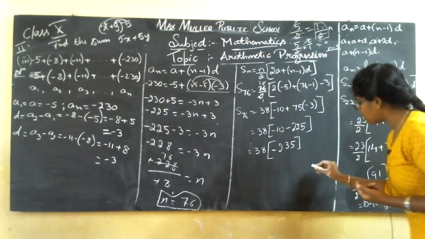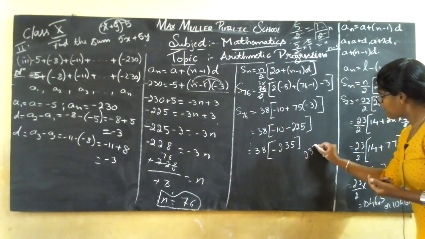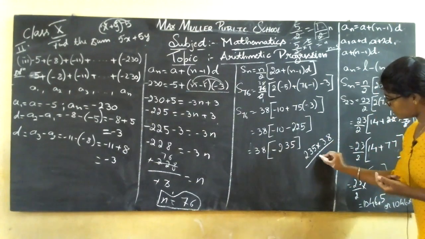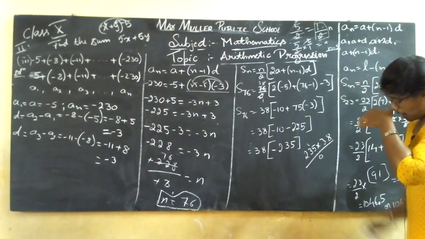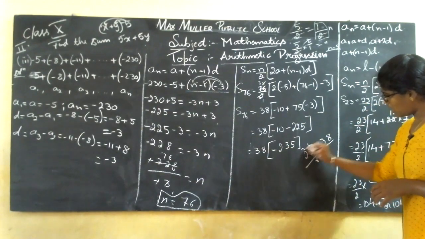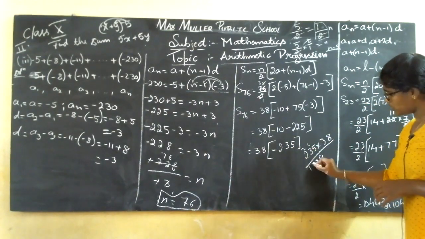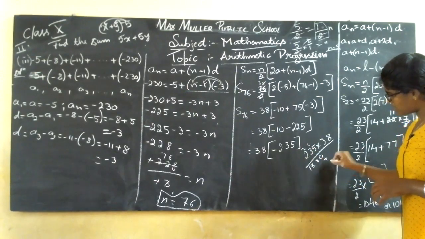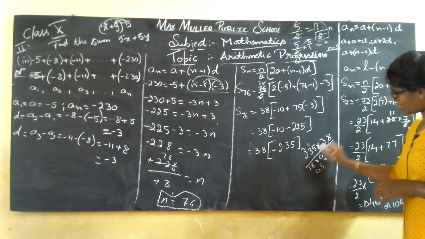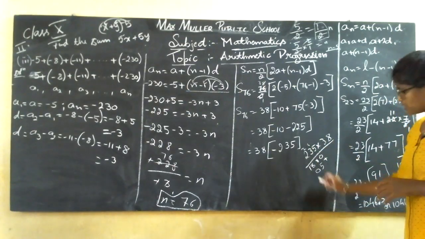So let me do it here. 8 fives are 40, 4 carry. 8 threes are 24 plus 4 is 28, 2 carry. 8 twos are 16 plus 2 is 18. Then 3 fives are 15, 1 carry. 3 threes are 9 plus 1 is 10, 1 carry. 3 twos are 6 plus 1 is 7.